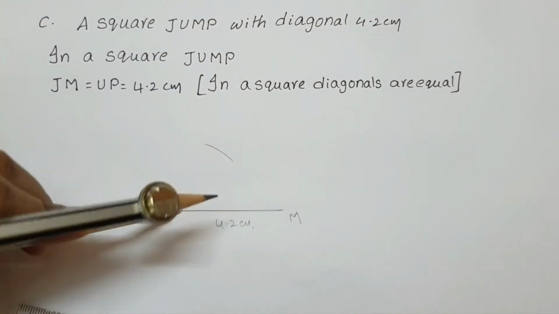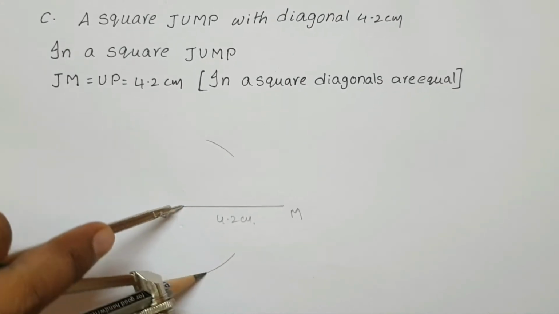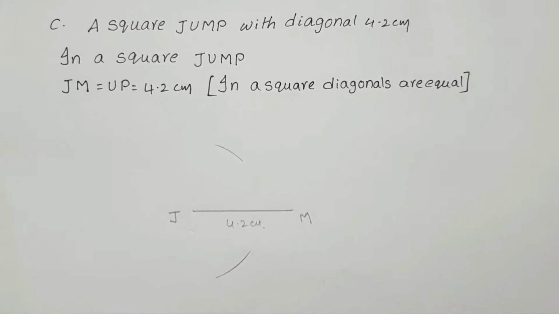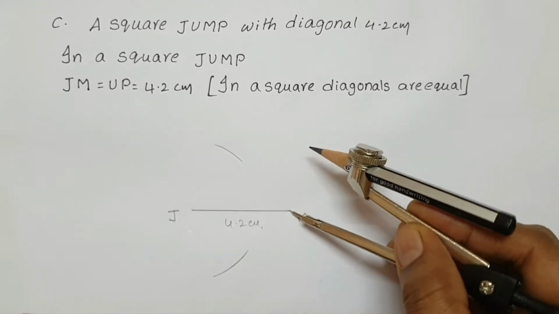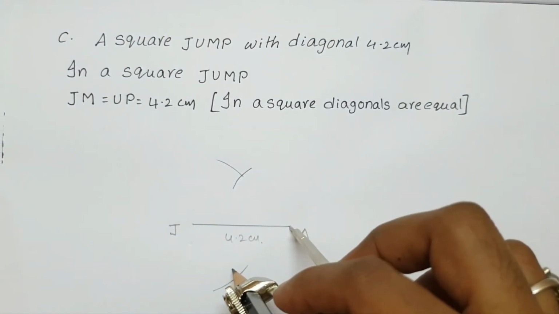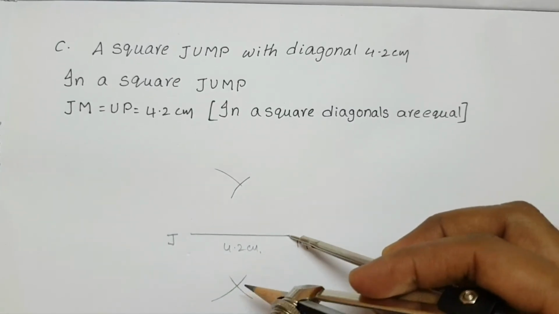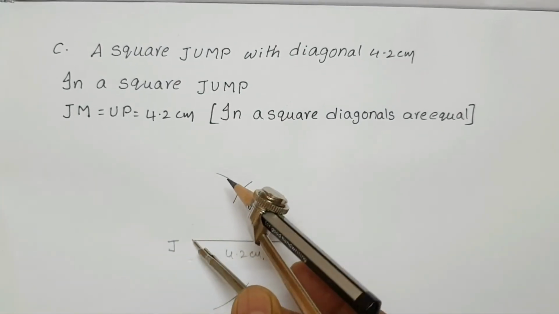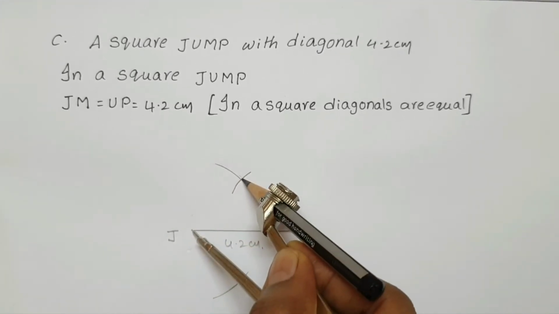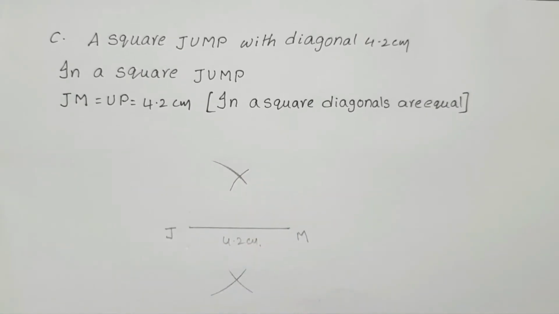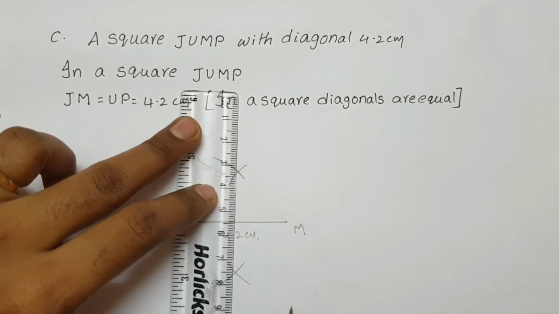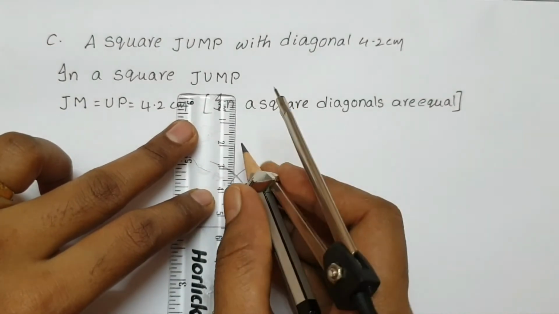Next, the same more than half with M as center, draw the arcs above and below. So this is the perpendicular bisector. Join this.